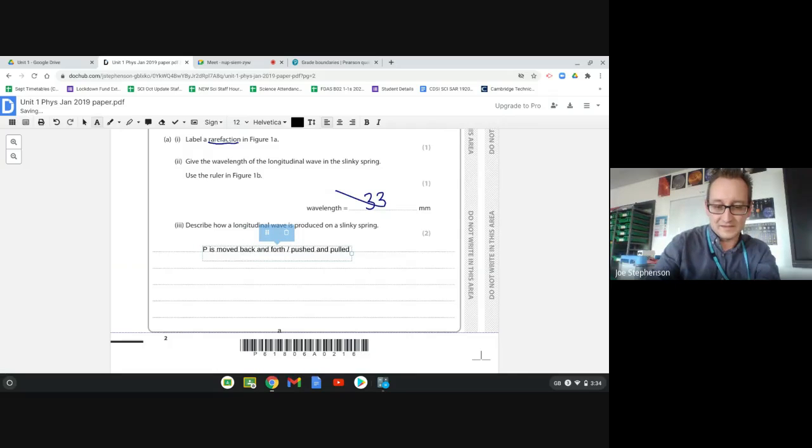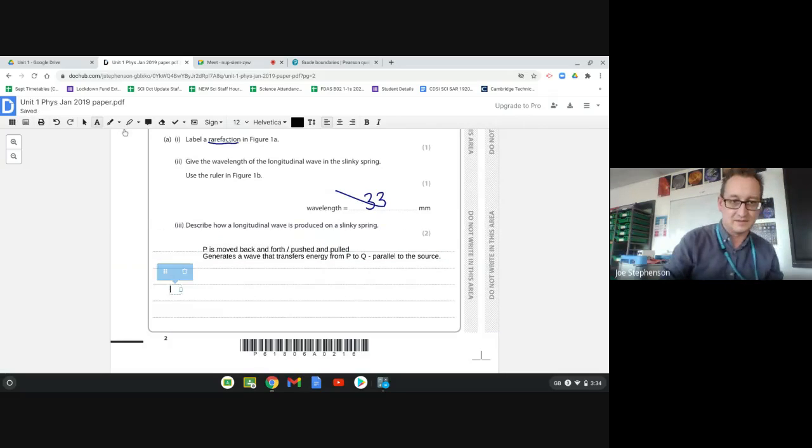And what this does then is this generates a wave that transfers energy from P to Q, and the key word then is parallel to the source.